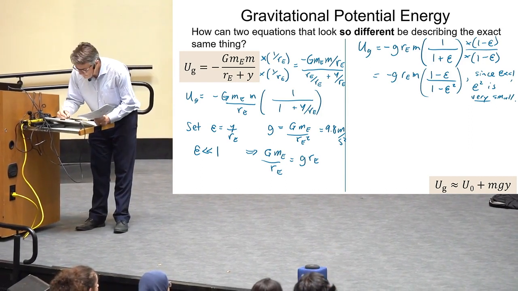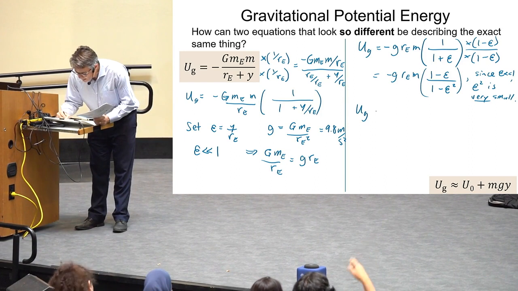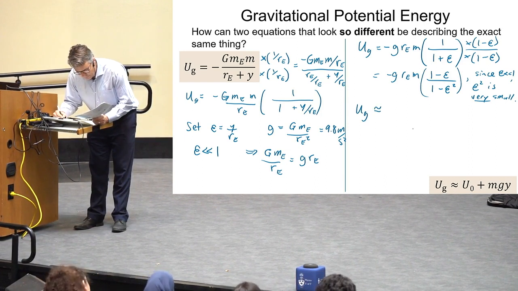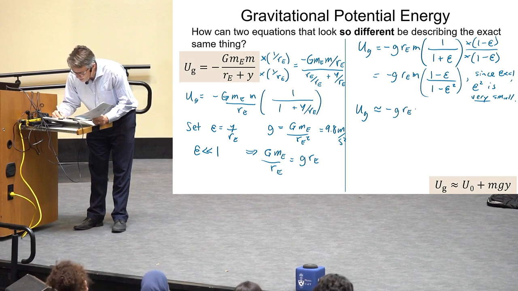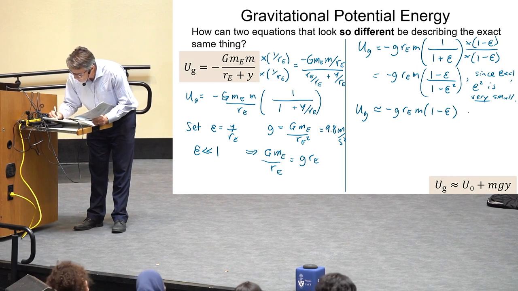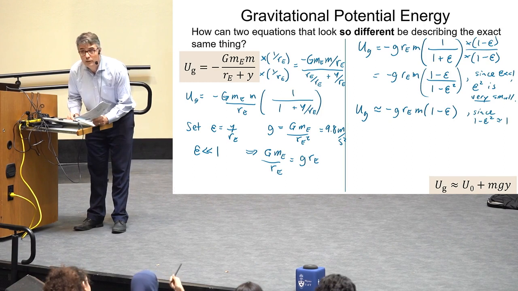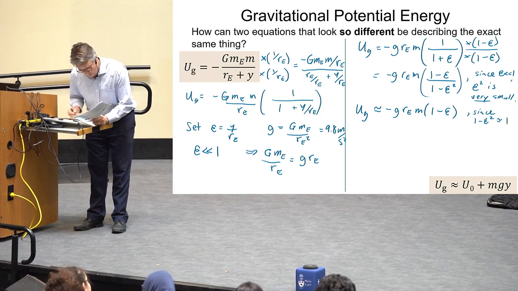So now U sub g is approximately equal to negative g times r_e times m times 1 minus epsilon, since 1 minus epsilon squared is approximately equal to 1. Does that make sense? That's where the trick is, and then it all works out.